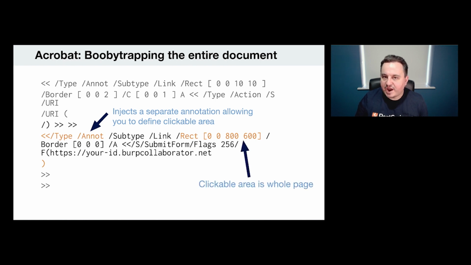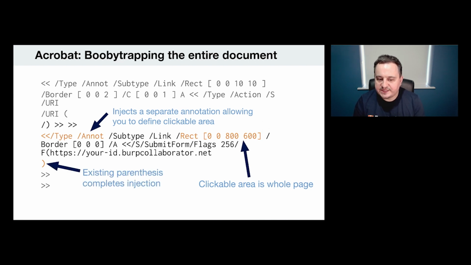And then we use the Rect dictionary key to specify the rectangle for where this is clickable. So it accepts the X and Y coordinate as well as the width and height. So we make the entire document clickable so the PDF is booby-trapped, they click on it and then we can steal the contents of the PDF. We use the existing parenthesis to complete the injection.